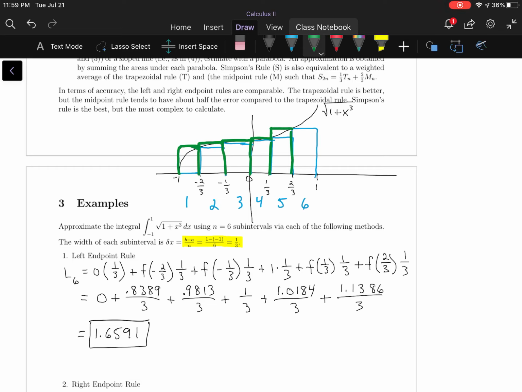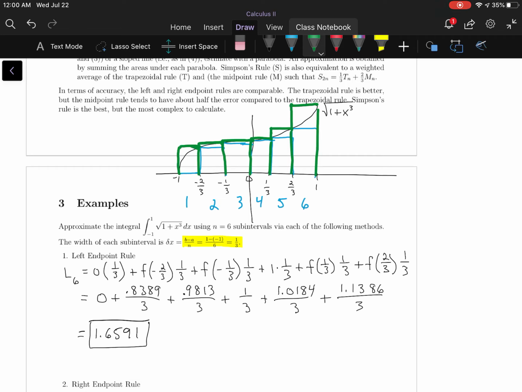The fifth rectangle, and the sixth one is about there. And so in this case, you could see that more often than not, or always for this example, the rectangles contain too much area.